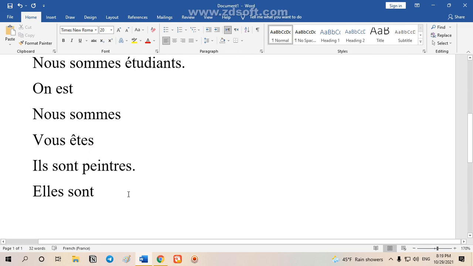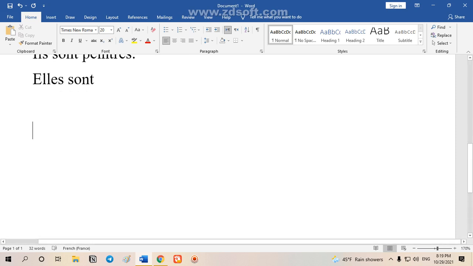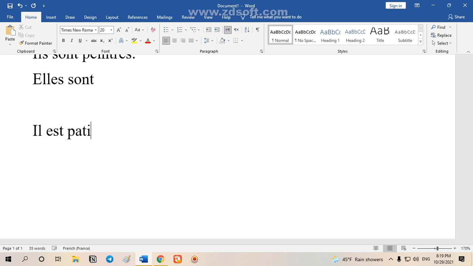Or for example, we can make some sentences with adjectives. Il est patient. He is patient. Mais, what does mais mean? Mais means but.